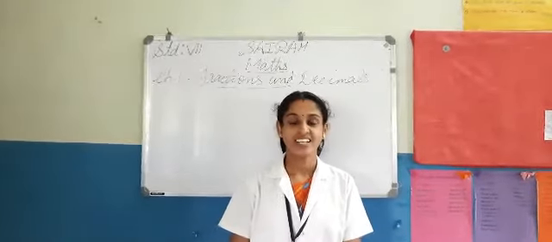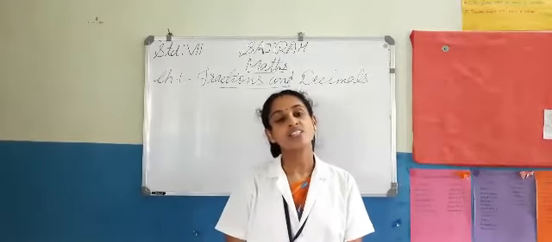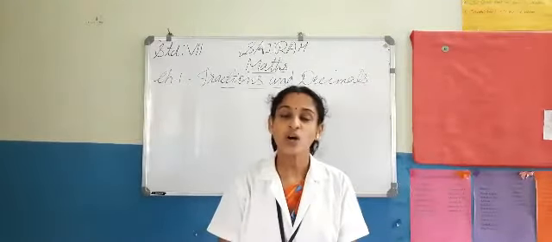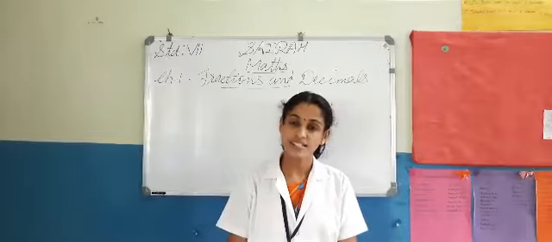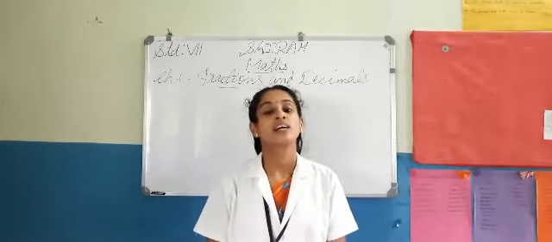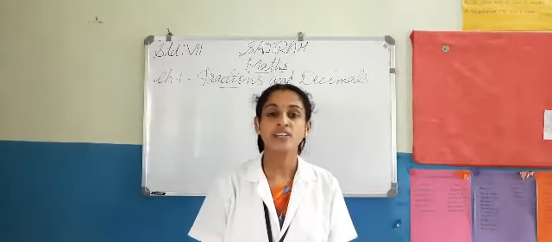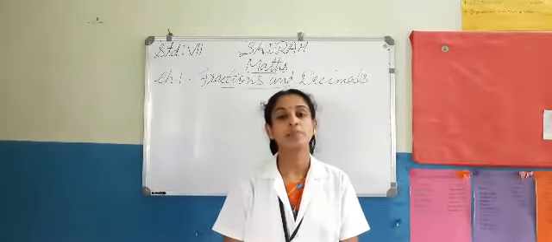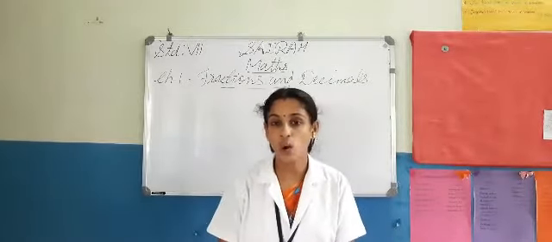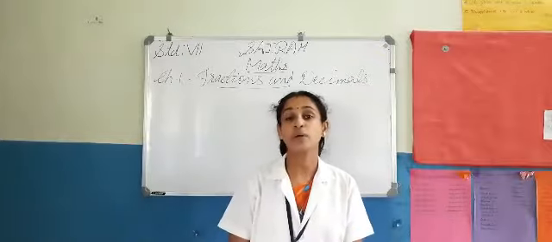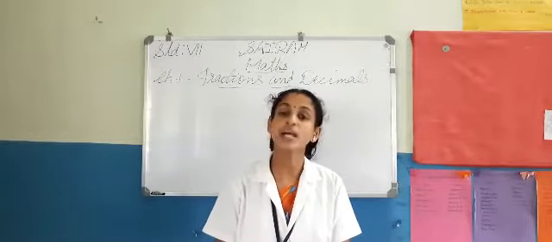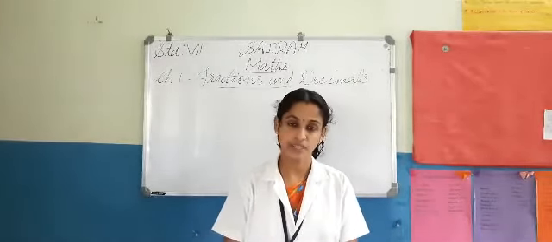Okay, children. In our last class, we discussed multiplication of decimal numbers, such as multiplication of a decimal number by 10, 100, 1000, etc., multiplication of a decimal number by a whole number, and also multiplication of a decimal number by another decimal number.